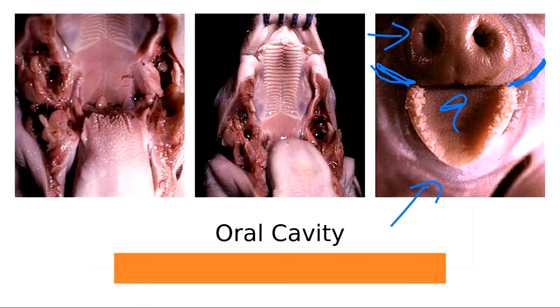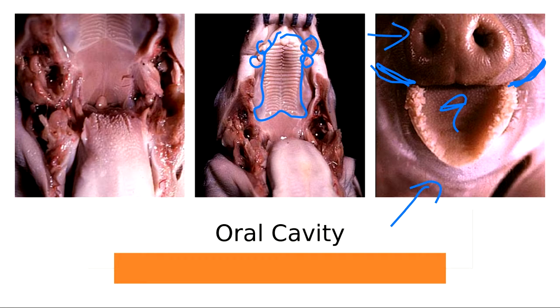We would see on the top of the mouth, on the inside, some teeth. So these guys are born with teeth. That's a difference. We know that human babies are not born with teeth. You can go ahead and feel with your tongue your hard palate, which is this section here, a very hard structure on the roof of your mouth.